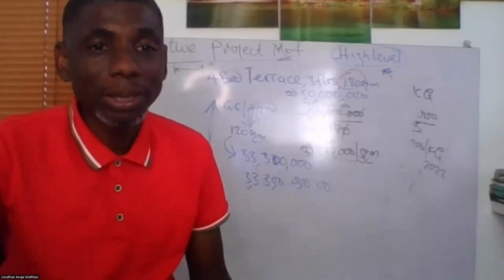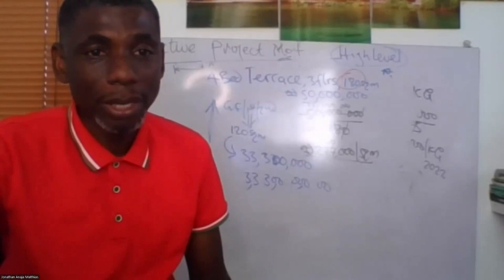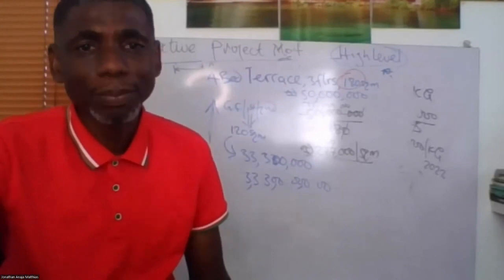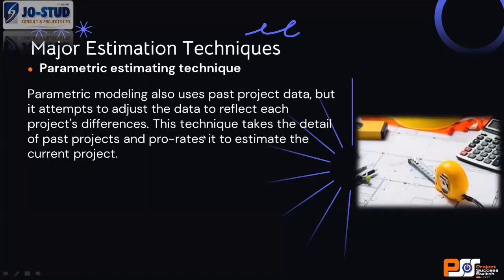Now, most times, let me say this. If the project manager does proper documentation, most times parametric estimates are correct because it gives you cost per square meter area. That's one.